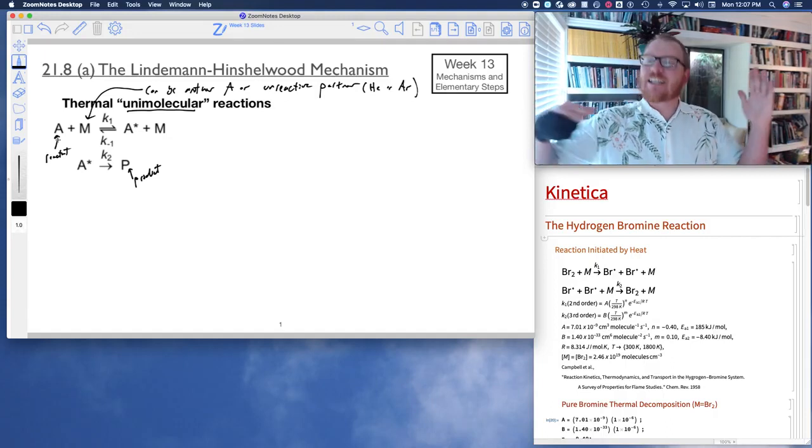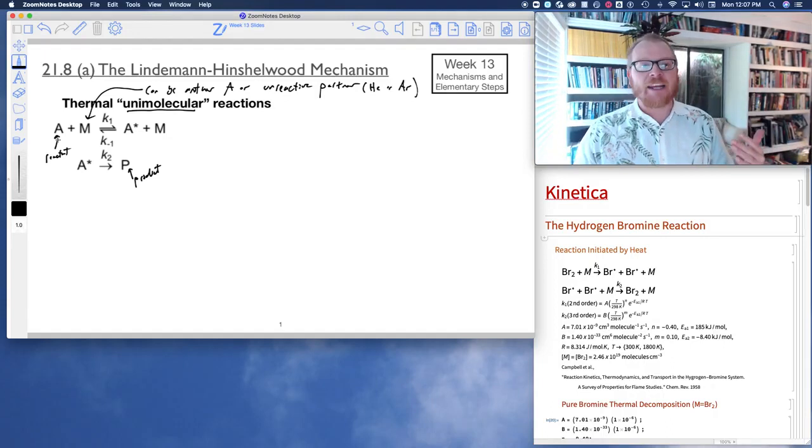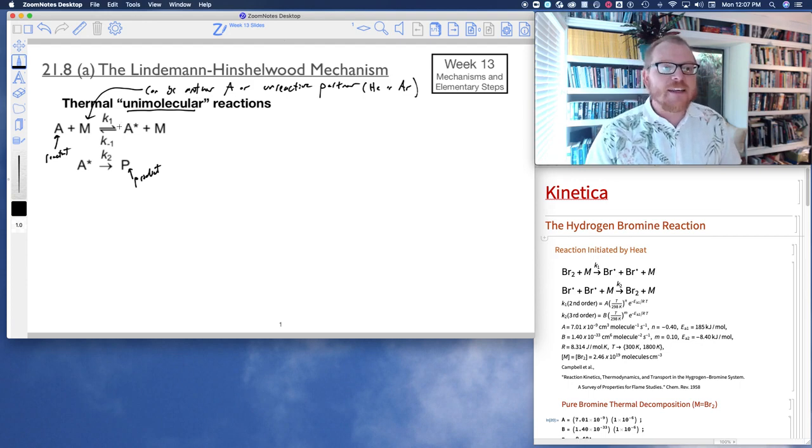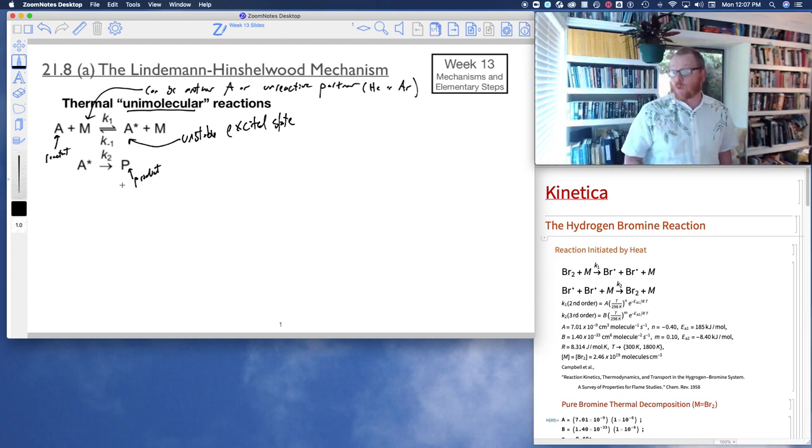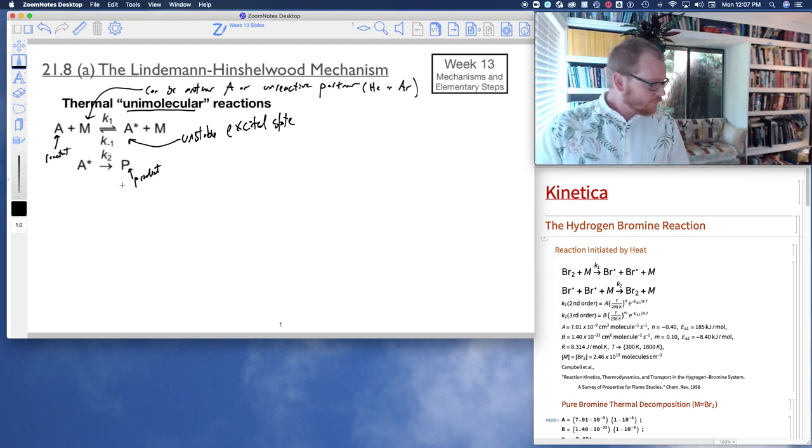It needs collision with a second body to induce the creation of this excited state. And that unstable excited state can then undergo first order decomposition into a stable product.